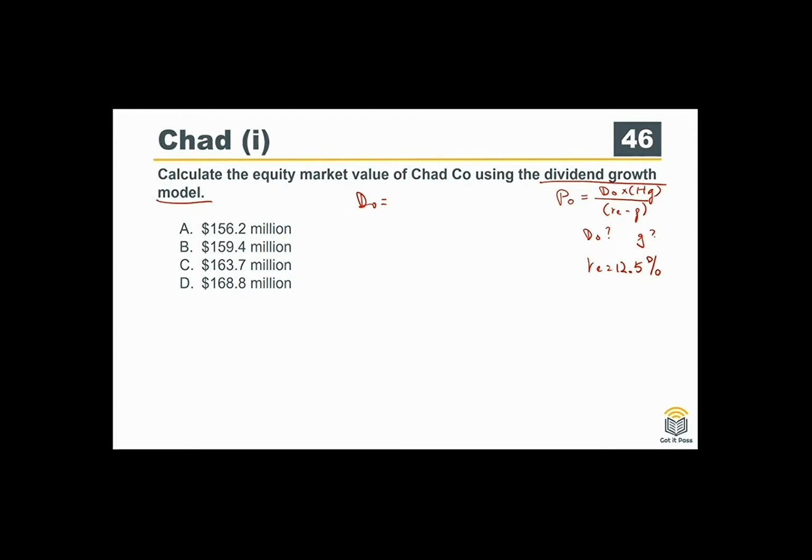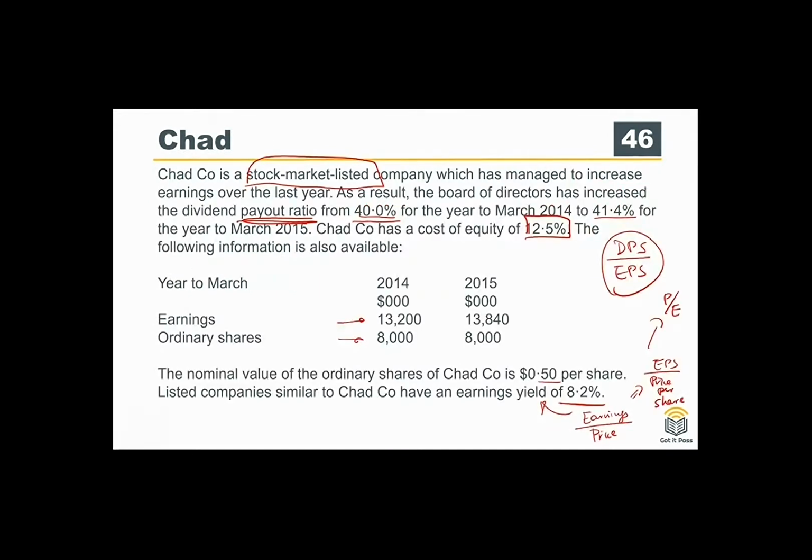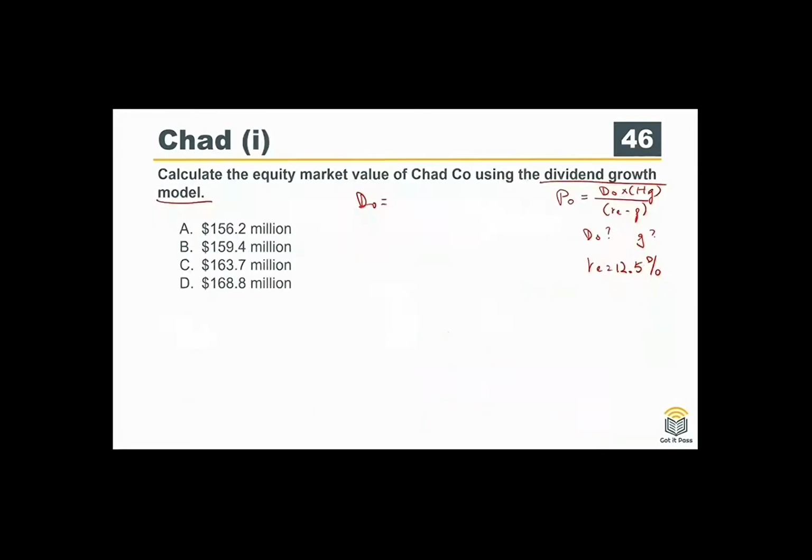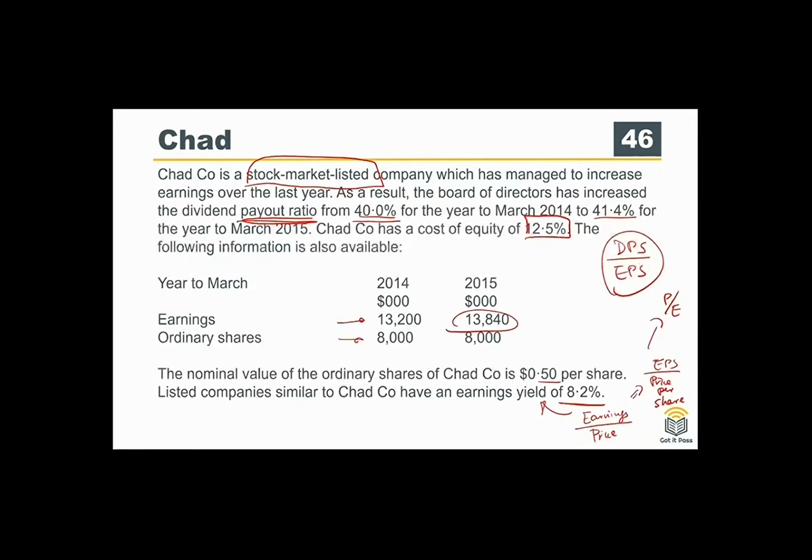So what's the 2015 earnings? It's $13,840,000. It is the earnings times the dividend payout ratio, which means how much payout is 41.4%.